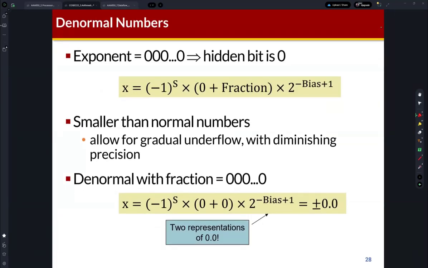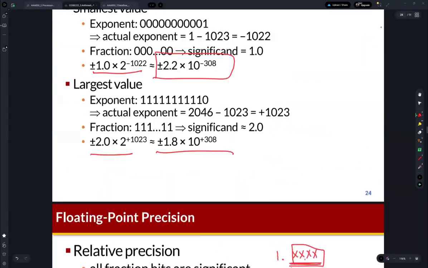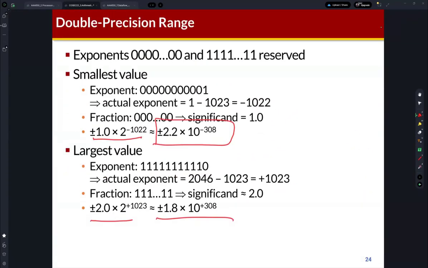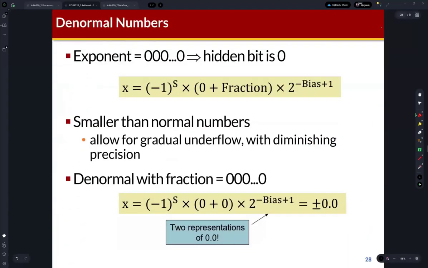Okay, so let's see the denormal number. I mentioned that if the exponent is all zeros, or all ones, they are reserved. For normal representation, we use exponents from 1 to 1, 1, 1, 1, 0, right? Then exponent all zeros is used for representing denormal numbers.